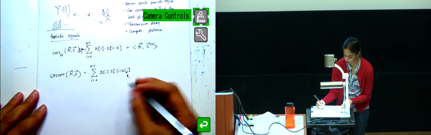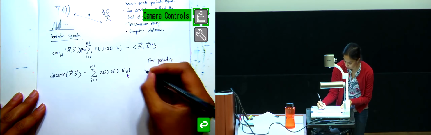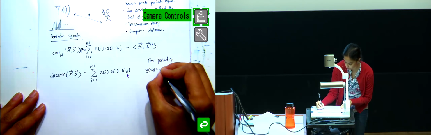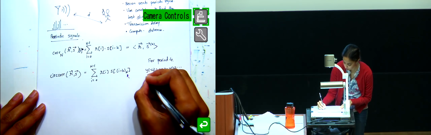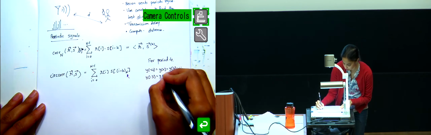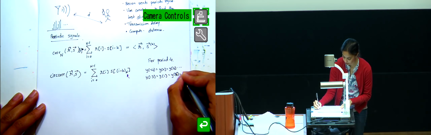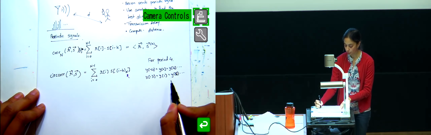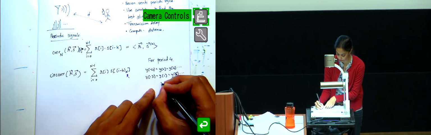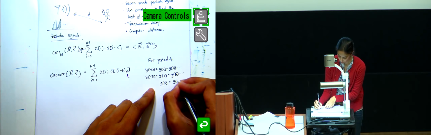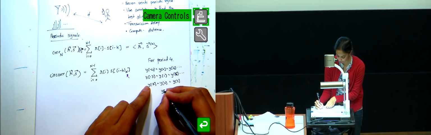So for period 4, for example, you have y of minus 4 is equal to y of 0 is equal to y of 4, and so on. And you have y of minus 3 is equal to y of 1 is equal to y of 5, and so on. And so basically, whenever I get a number that's outside my 0, 1, 2, 3, I can always map it back in.